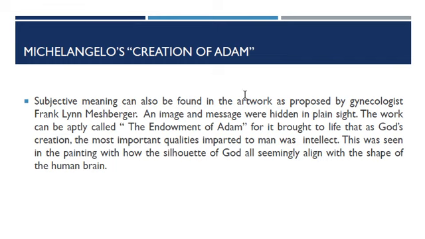And then subjective meaning, other point of view ng ibang tao. According to gynecologist Franklin Meshberger, sabi na, an image and message were hidden in plain sight. The work can be aptly called the Endowment of Adam. Dapat daw ganun yung pangalan, no? For it brought to life that God, as God's creation, most important quality imparted to man was intellect. No?